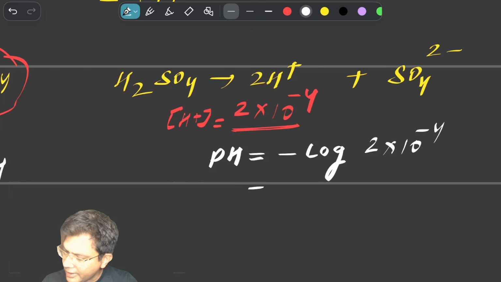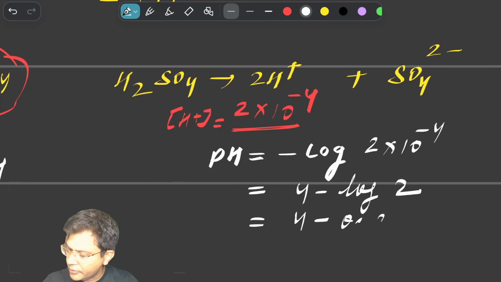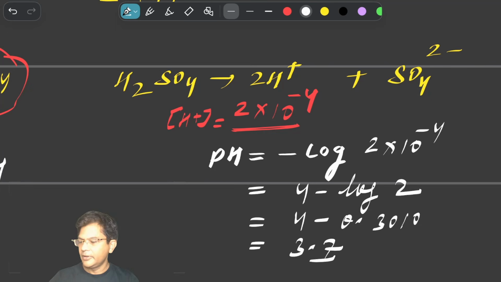So what you will get? See, 4 minus log 2. So 4 minus log 2, that is 0.3010, so it will be 3.7 answer, right? And this one we have got means it is more acidic than HCl, right?